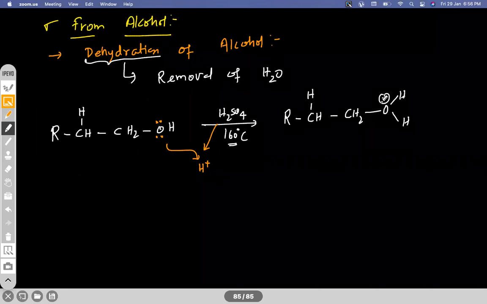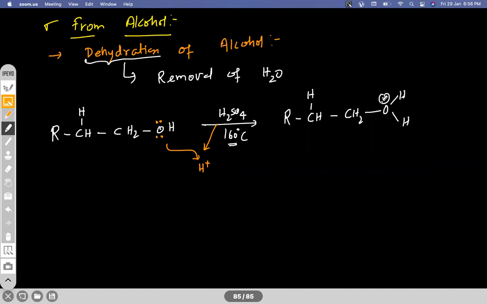Correct. Now, oxygen is an electronegative element. Positive charge on oxygen is not stable. So this will take the electron pair. Oxygen will drag the electron pair and goes out as water molecule and forms a carbocation, CH2 positive charge. So for this reaction, the intermediate is a carbocation.